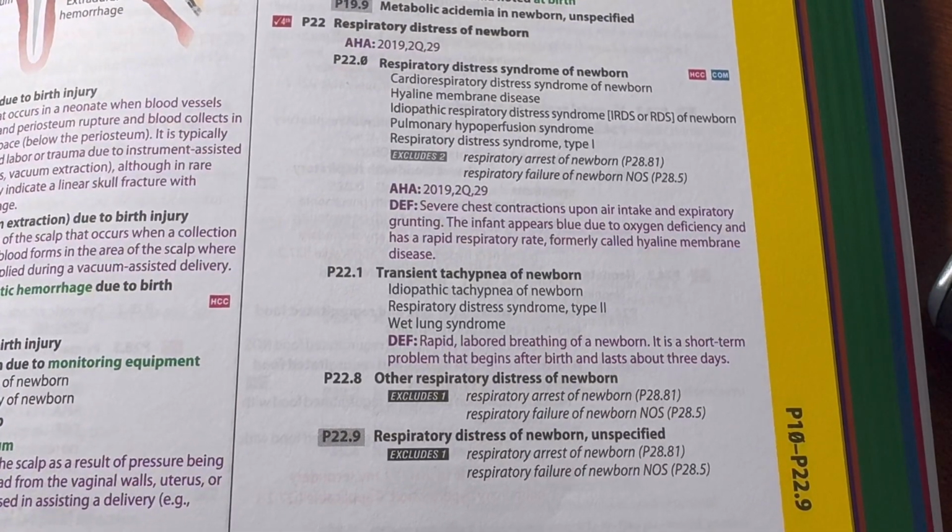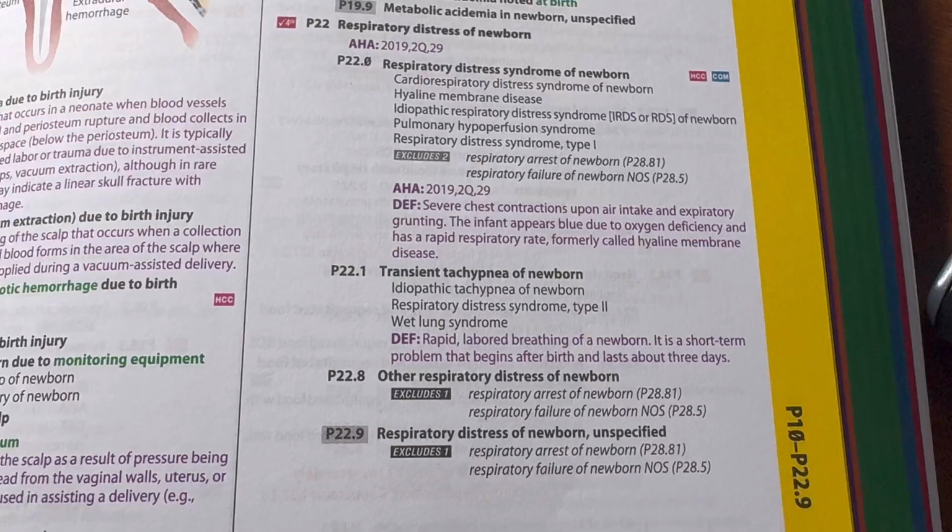So for acute respiratory distress, you do not use R06.03. You need to use P22.9 for that diagnosis code when it's a neonate.